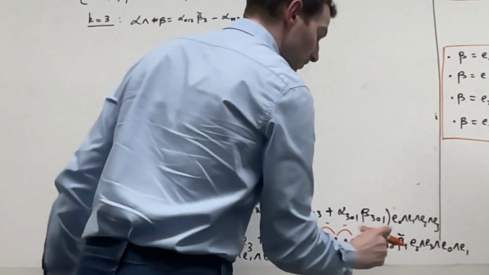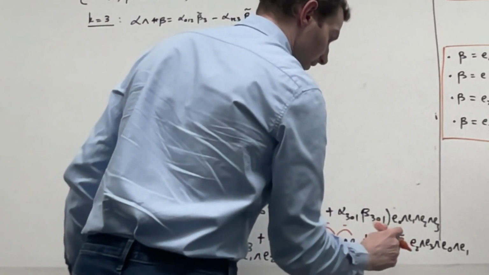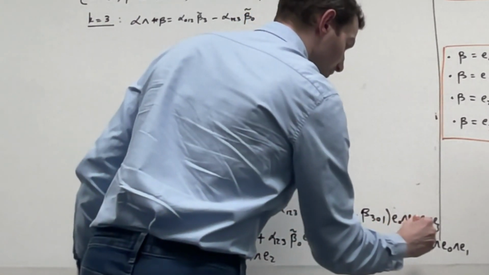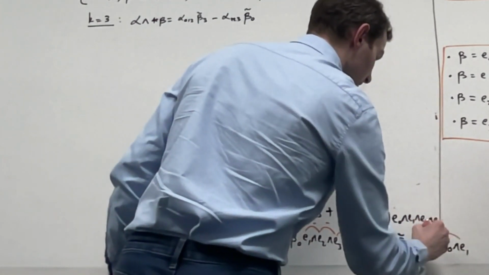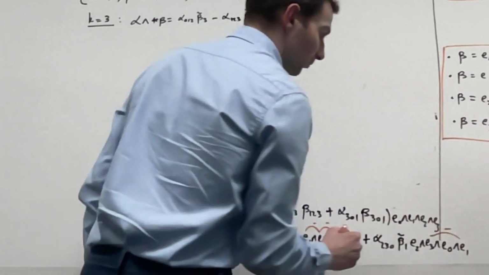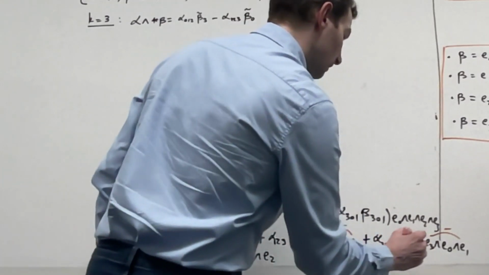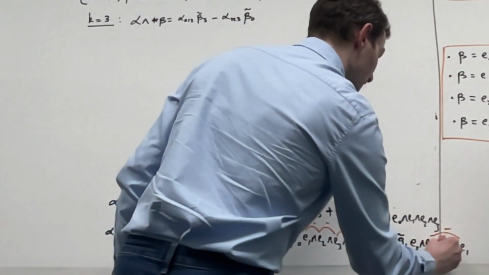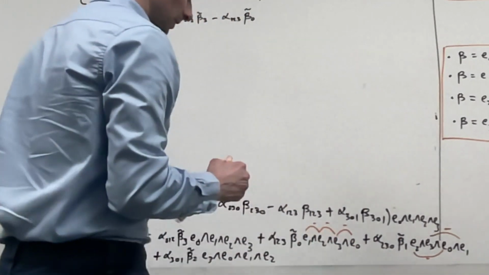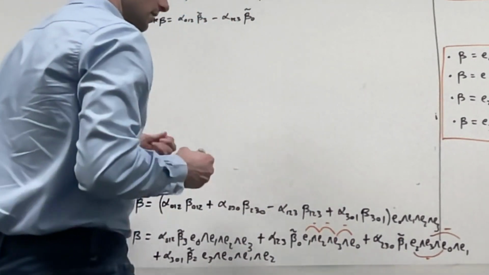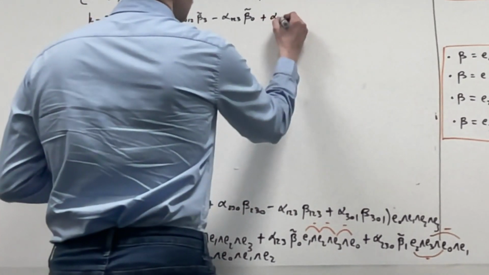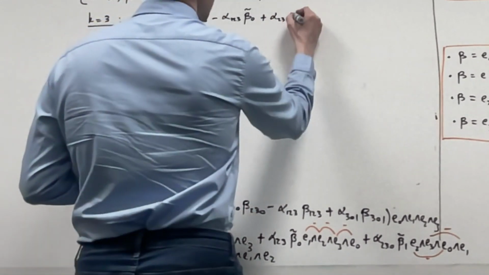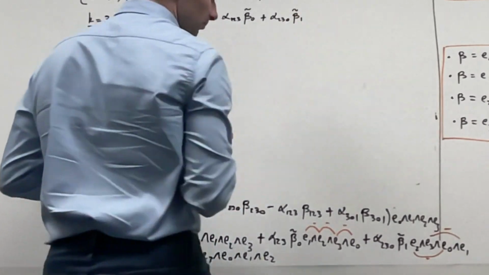In that case here, we need to be a bit careful. So I'm going to swap E3 for E1. Okay, so I'm capitalizing one minus sign here, and then E2 for E0, and I've got one minus sign here. So the bottom line is that I've got a plus alpha 2, 3, 0, and then beta tilde 1.